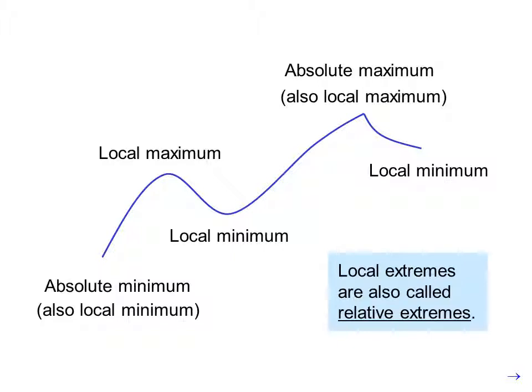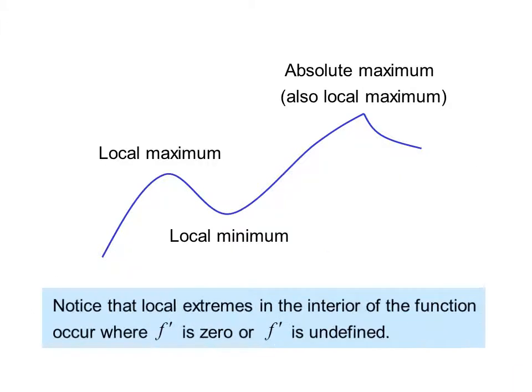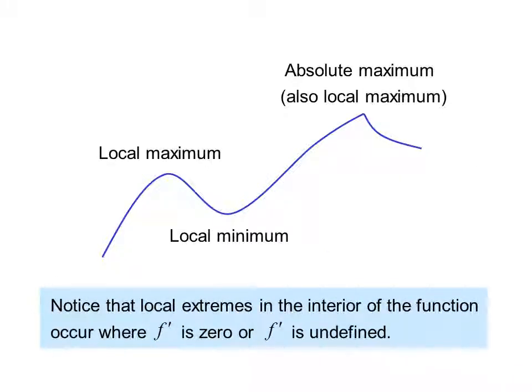Local extremes are also called relative extremes. Notice that local extremes in the interior of the function occur where f prime is 0, for example, here, or here, or where f prime is undefined, like this one.